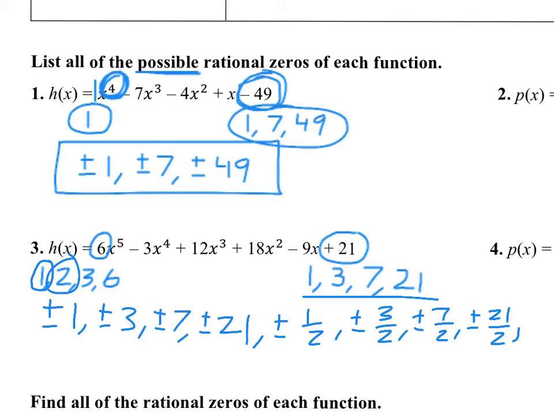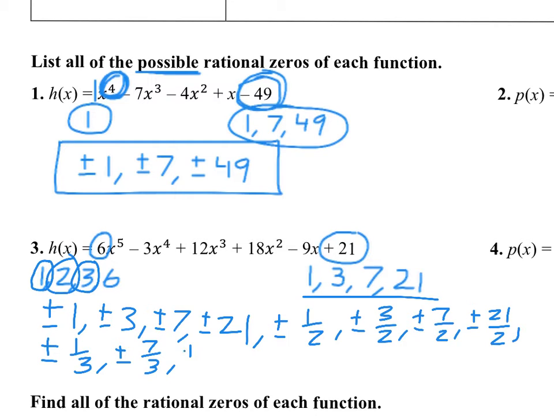And now I'm going to divide them all by 3, plus or minus 1/3. I'm not going to do 3 divided by 3 because I already have 1 on the list. Plus or minus 7 over 3. And then I don't need to do 21 over 3 because that's 7 and we already have that.